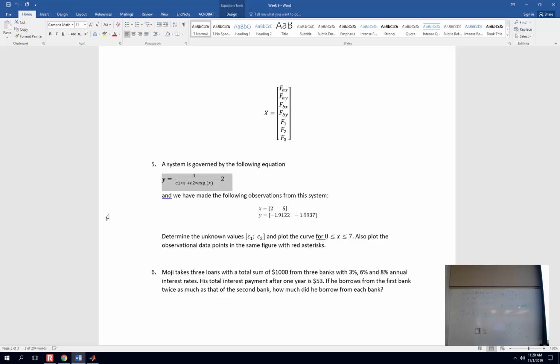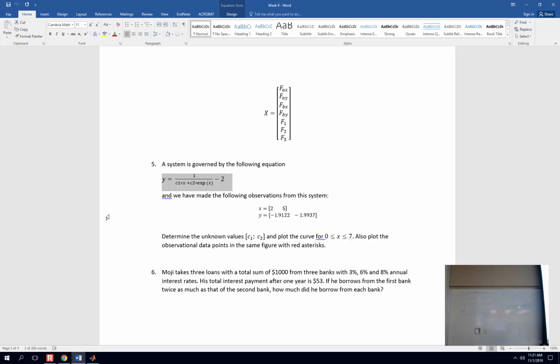Y is here, c is here. With respect to c, this is linear because c has a power of 1. Y is equal to c divided by whatever. We don't care. With respect to x, this is non-linear because x has a power of negative 1.